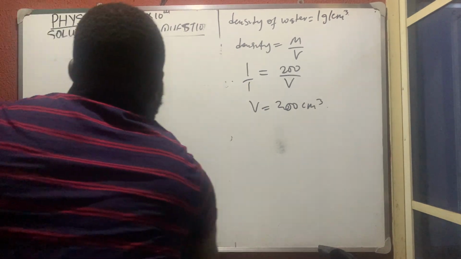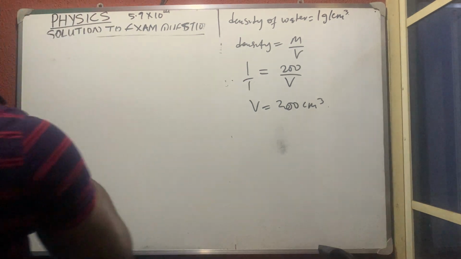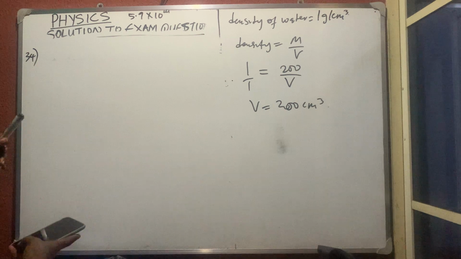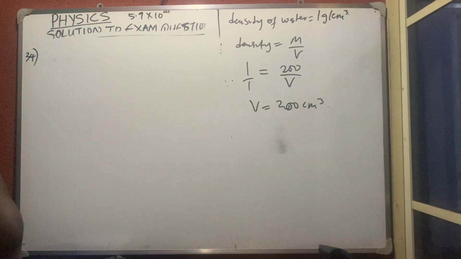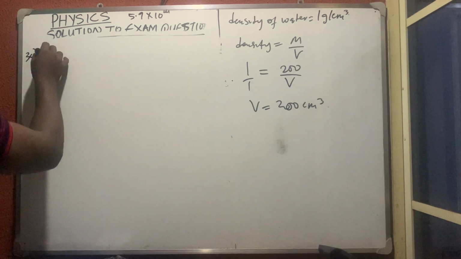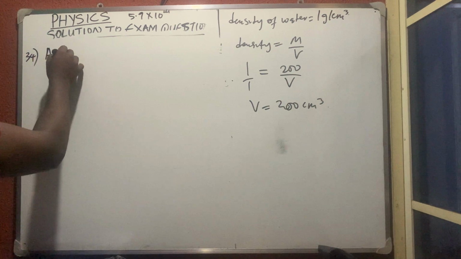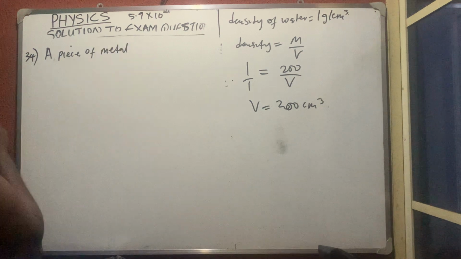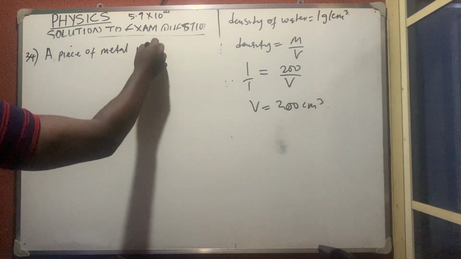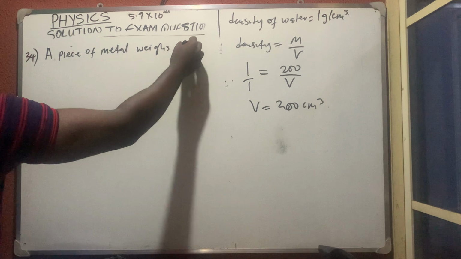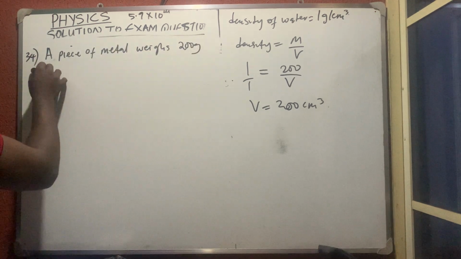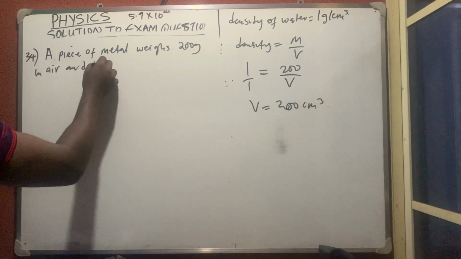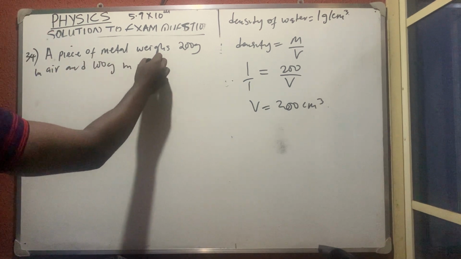Question number 34 said a piece of metal weighs 200 grams in air and 100 grams in water.